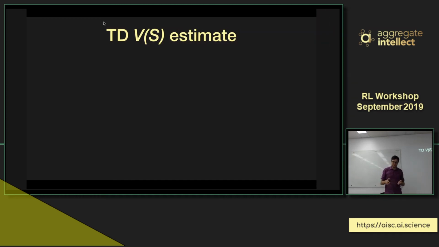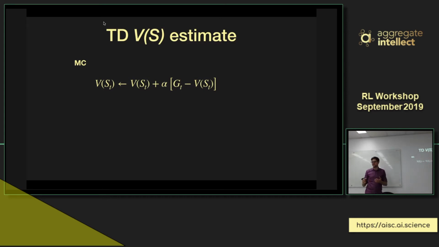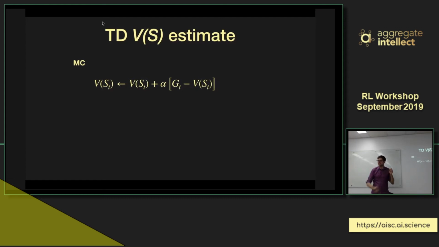We want to estimate the value function, and say in Monte Carlo, we have some kind of estimate and some kind of better evaluation of the estimate, and we update it. It's what we also did with the greedy one. This is like taking an average over a sequence: you have an average, you take a new sample, and you add the sample to your average.